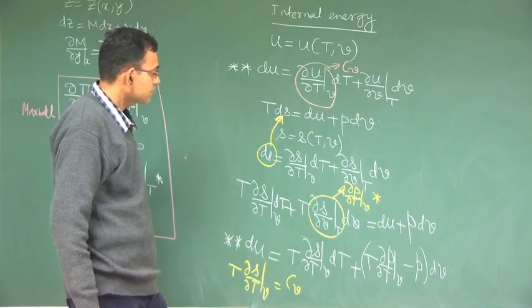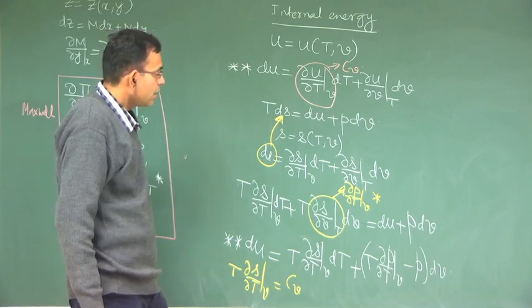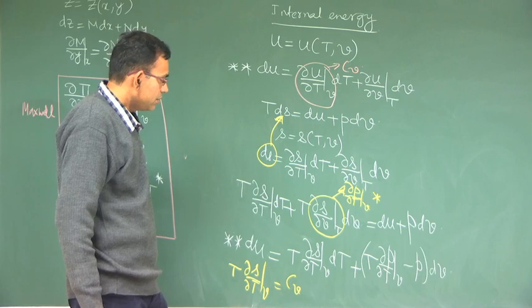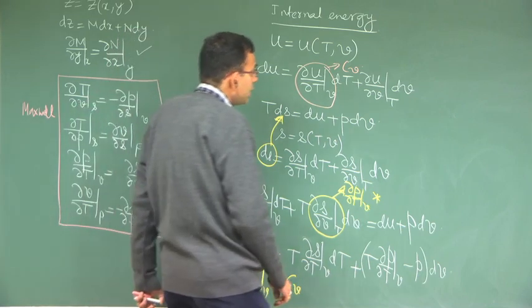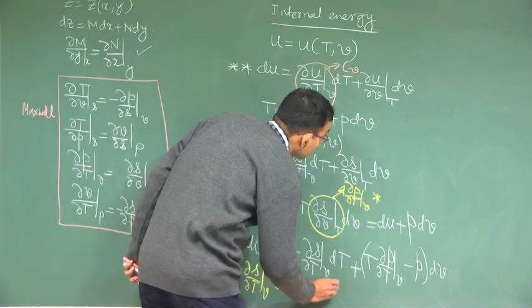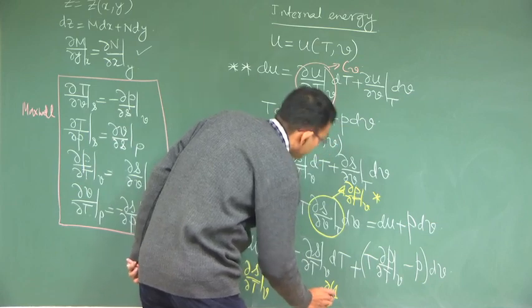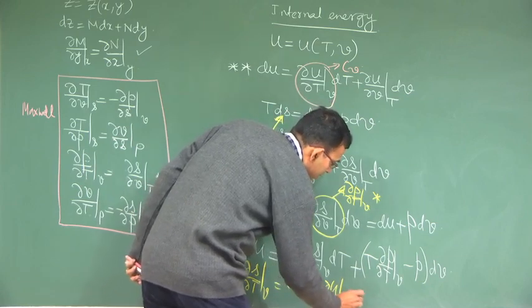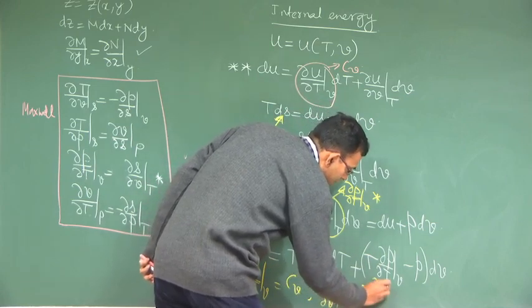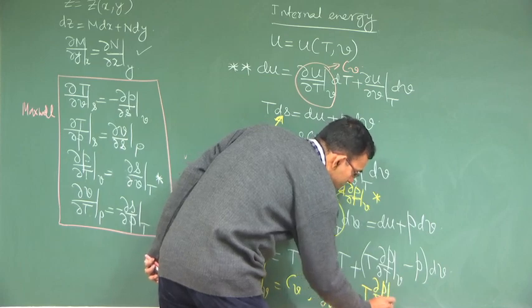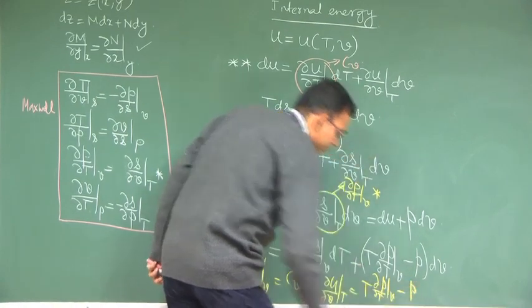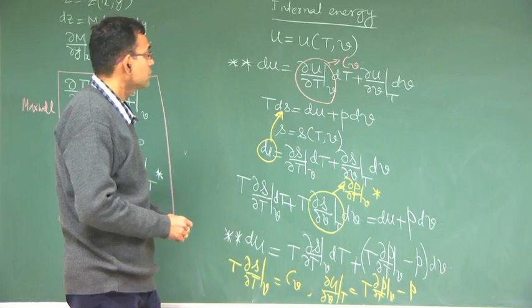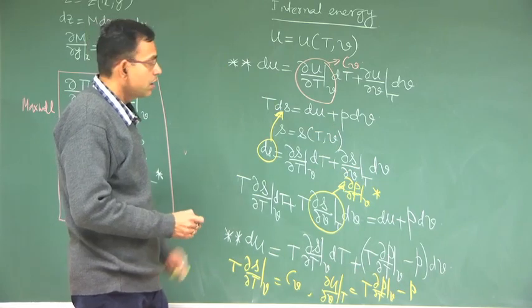And similarly, del U del V at constant temperature is T del P del T at constant volume minus P. Okay.